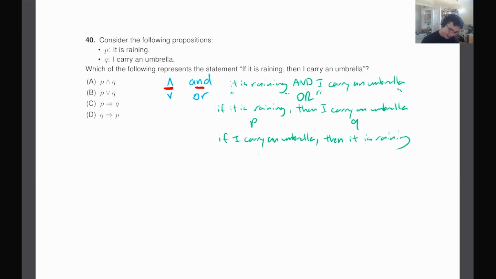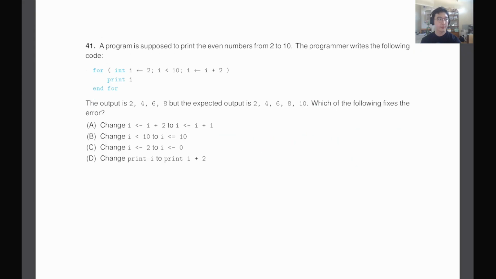That is the same thing as if Q, then P. But we are concerned with the statement, if it is raining, then I carry an umbrella, and that would be answer choice C. Propositional logic is part of discrete math, but hopefully that helps you remember the difference between and and or, and how to look at these questions. All right, that's question 40.